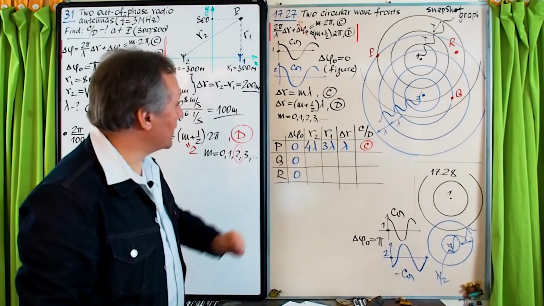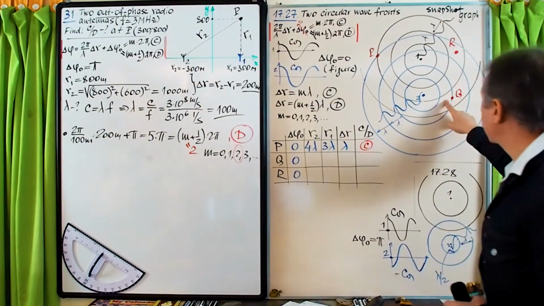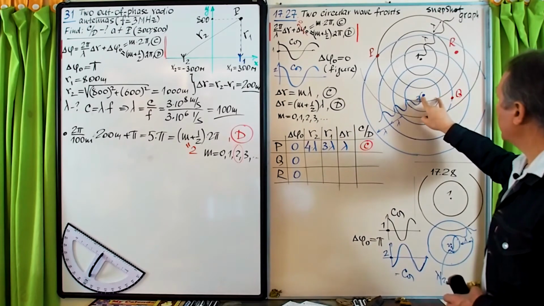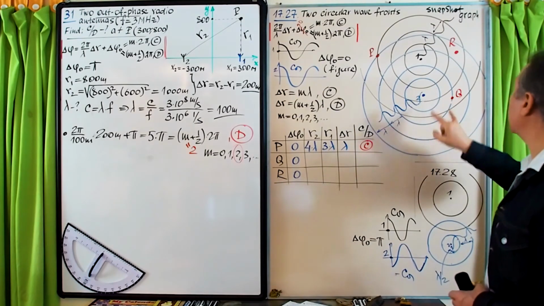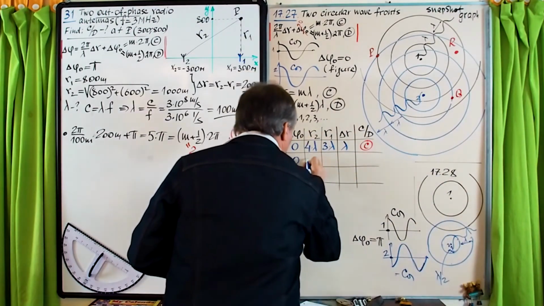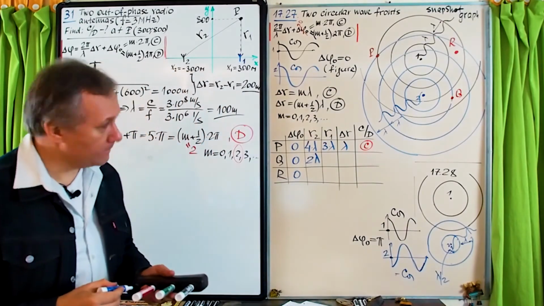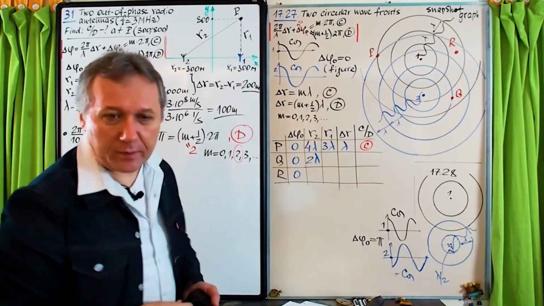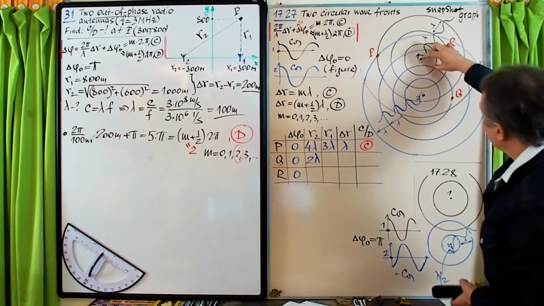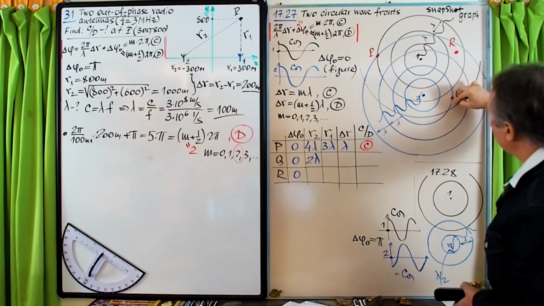Now let's analyze point Q. Here's Q. R2 is 1 wavelength, 2 wavelengths, so 2 lambda. Now black, from the first source: 1, 2, 3, and now we have a half.